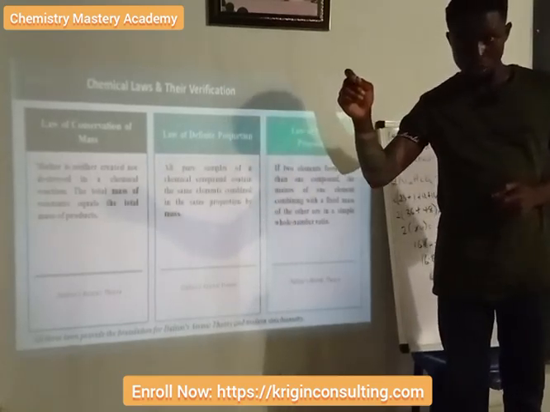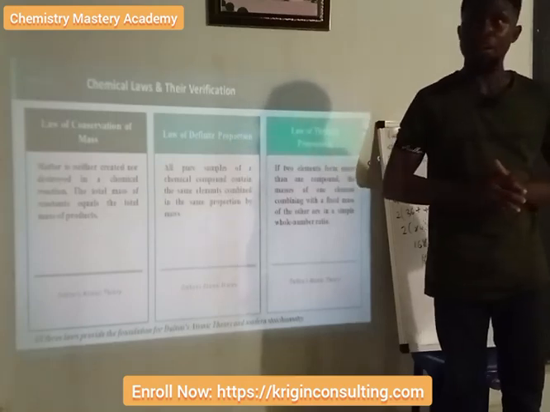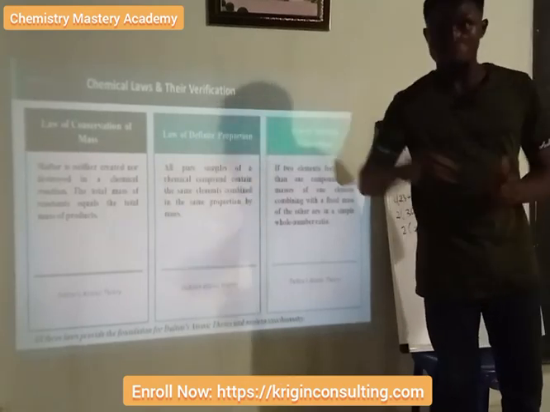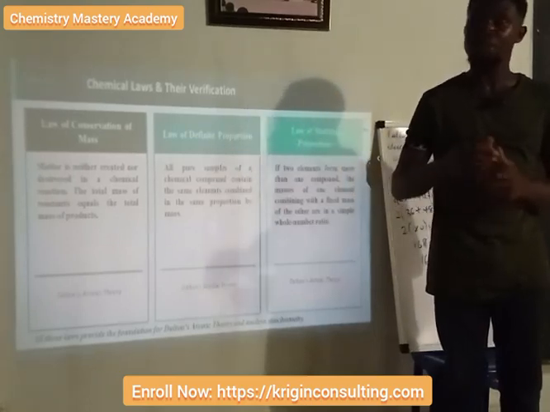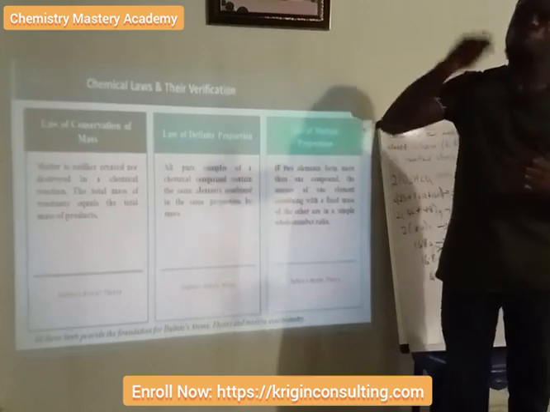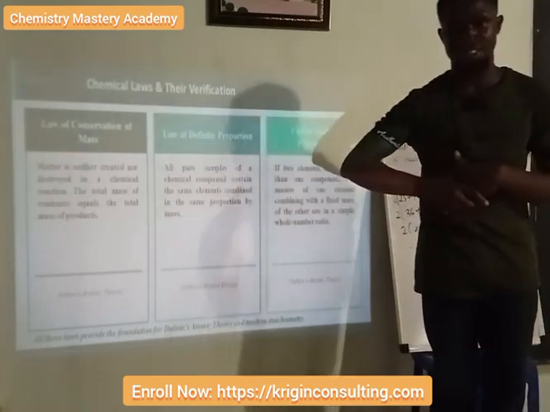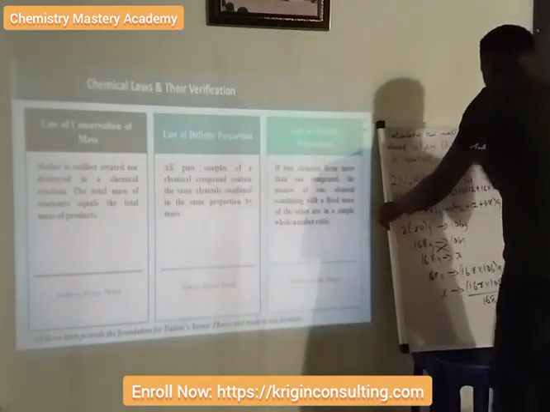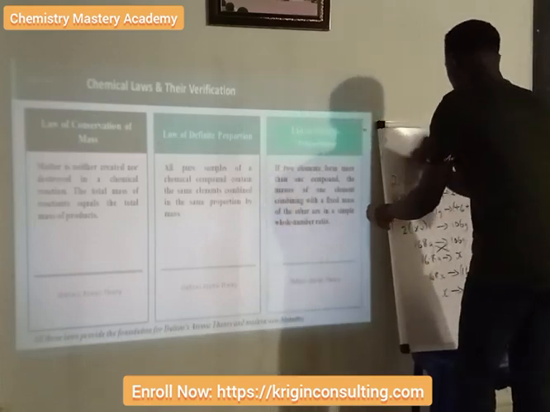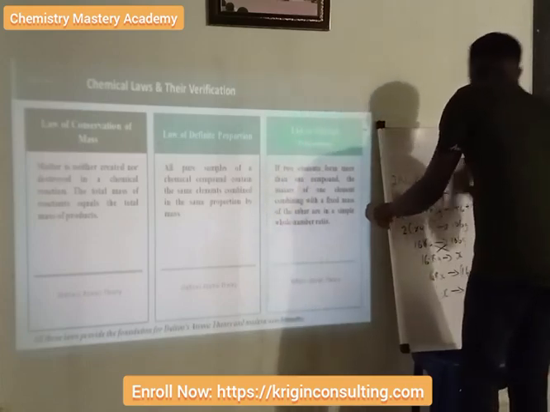NaCl, sodium chloride, and then you have 2NaCl. Let's write it on the board so that you have an idea of what I'm talking about. Let's prove the law of multiple proportion.